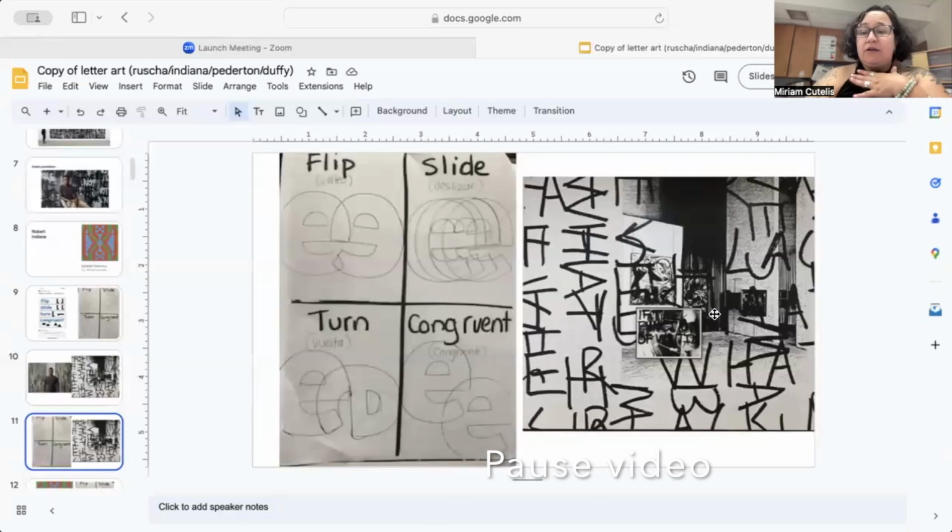In looking at it myself, I see that he used turn because over here, the letter A was turned to the side. I also noticed that he used congruent because you will see an H here and then another H here. Another one I can see right here. So he used congruent and turn.